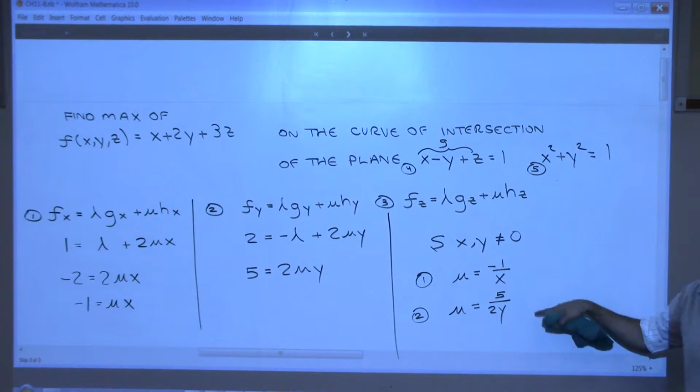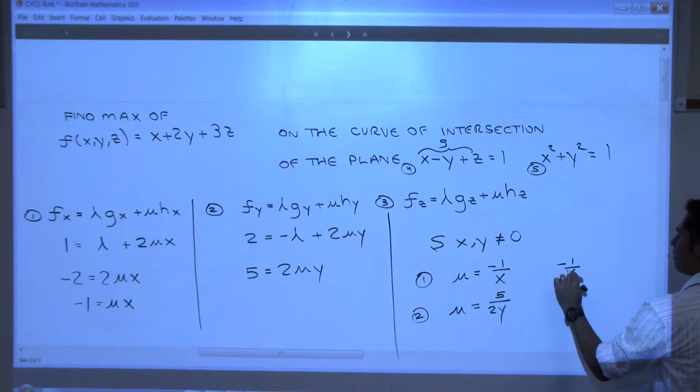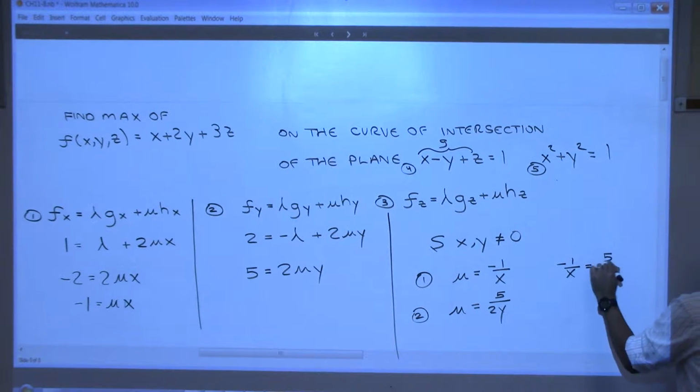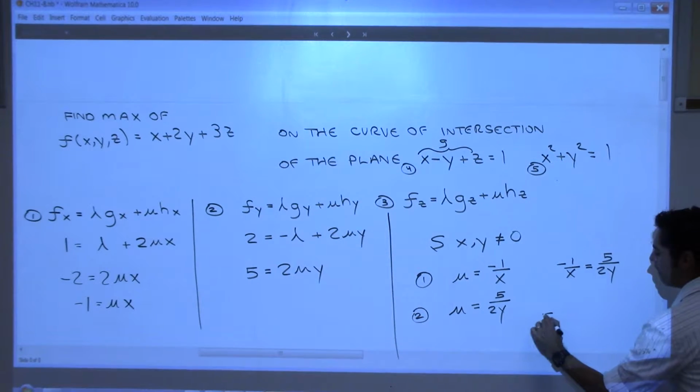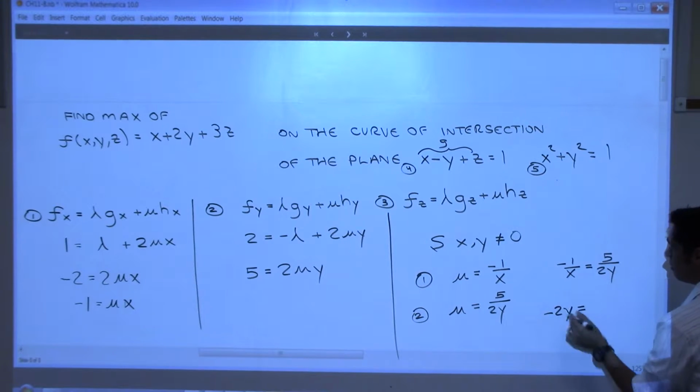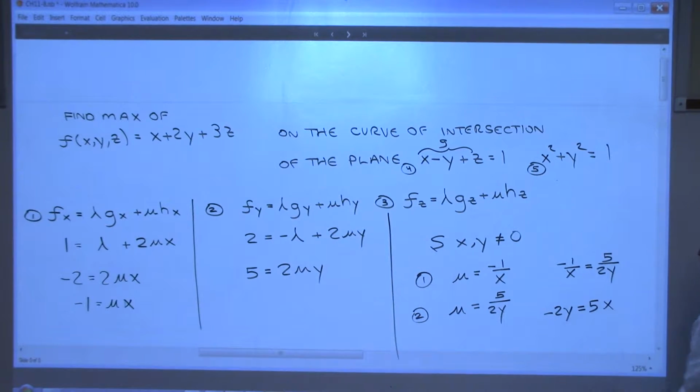Now you can set those equal to each other, right? So you get negative 1 over x equals 5 over 2y. And do your little crisscrossy thing, however you want to do it. Negative 2y equals 5x. So we have a relationship between x and y, don't we?